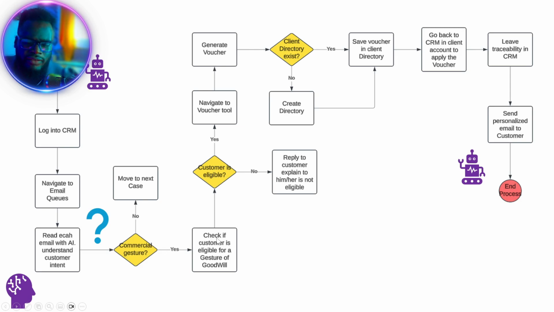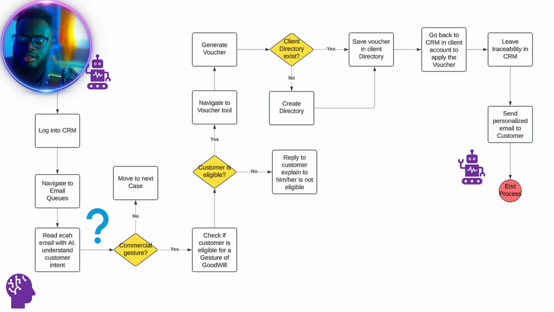Then it will check if the customer is eligible for a goodwill gesture or not, because there are some criteria. I mean, it will check if the customer is a loyal customer, if their business has been spending money on our business. Then we want to give them a voucher. But if not, that customer is not going to be eligible for a voucher.